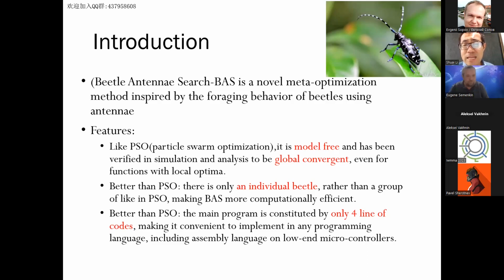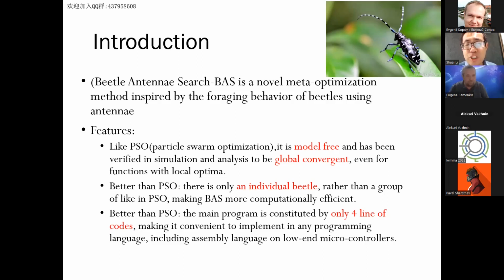If the left-hand side antenna receives a higher signal strength or higher smell strength, then the beetle will turn a little bit to the left, because it concludes that, because my antenna receives a higher signal strength, the food must be located to the left-hand side. Therefore, the beetle turns a little bit to the left and moves one step.